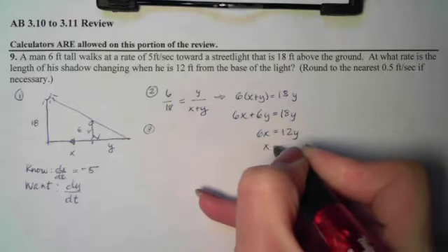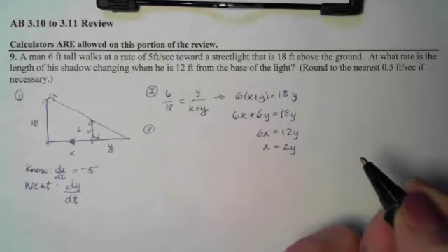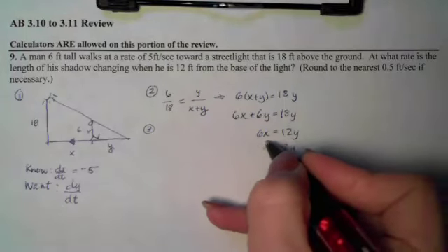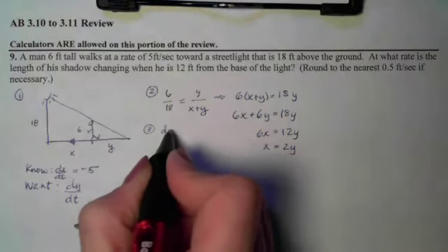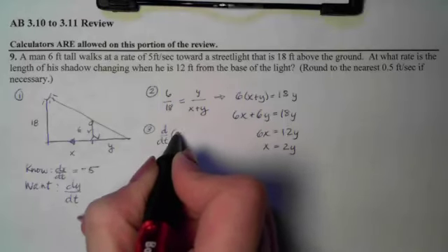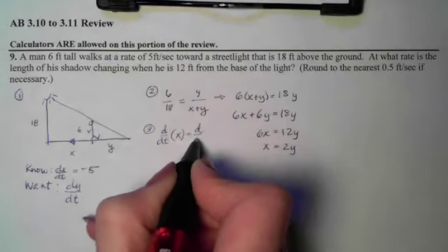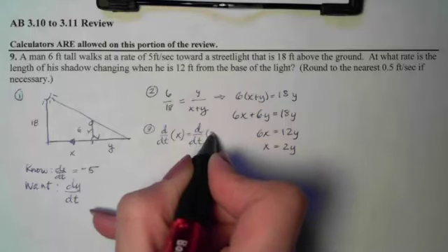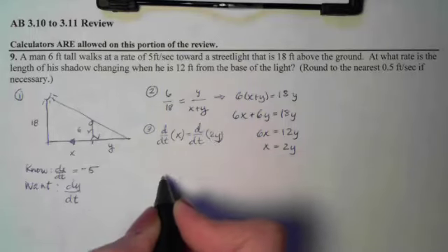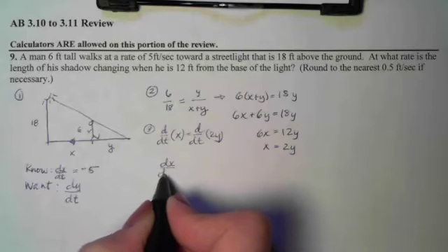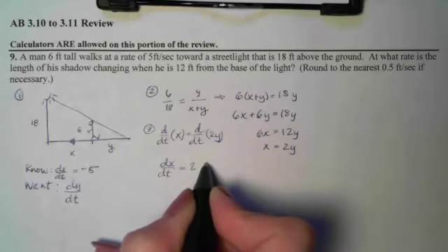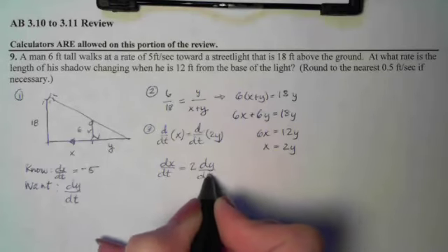And I'd even divide off that 6 because it doesn't introduce any fractions. So now when I take the derivative of this with respect to time, it's going to give me a pretty nice relationship that's easy to work with. So I will get dx dt equals 2 times dy dt.